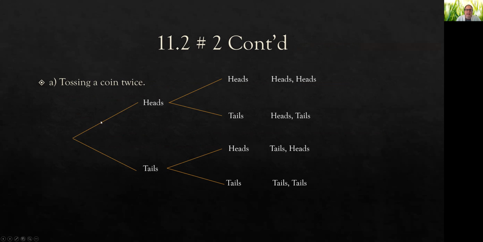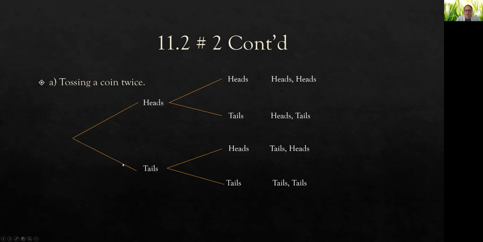And then if I got heads the first time, I toss it again, and I either get heads or tails. So if I get heads on the first time and heads on the second time, I got heads and then heads. If I get heads the first time and then tails, that means I got heads and then tails. Or I can go down here where I toss tails the first time, and then the second time I either toss heads or tails.